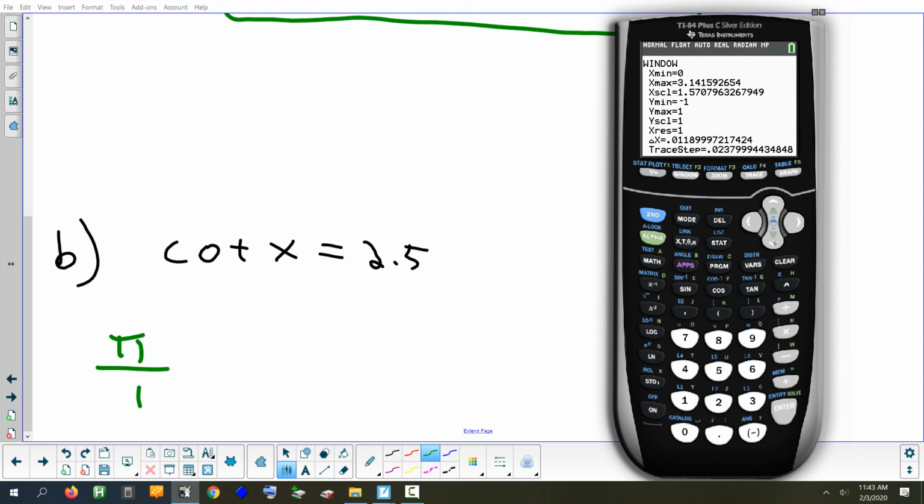If you remember a little bit about tangent, this graph goes up and down forever. So you don't really have to worry about seeing the highest and lowest. You never will. But I would go at least -5 to 5 so you can kind of see the curve of the graph. And I guess I didn't do -5 to 5.